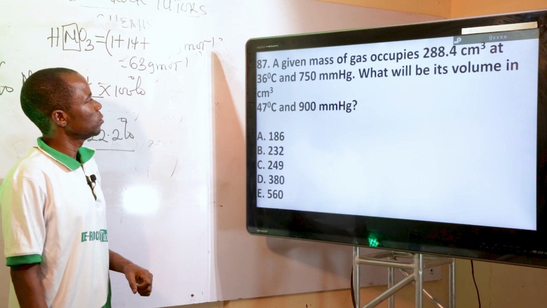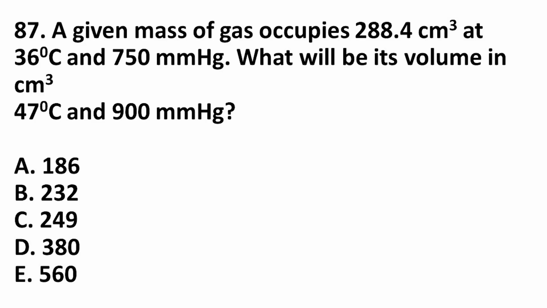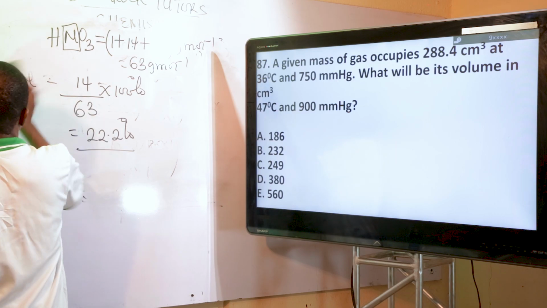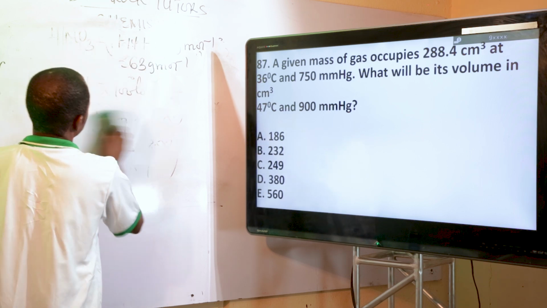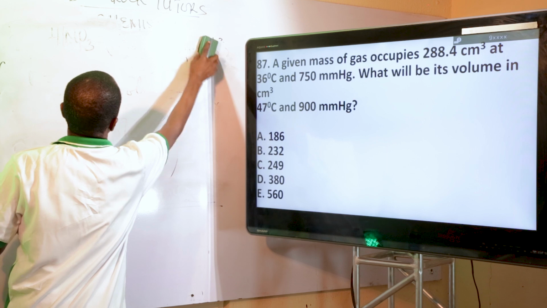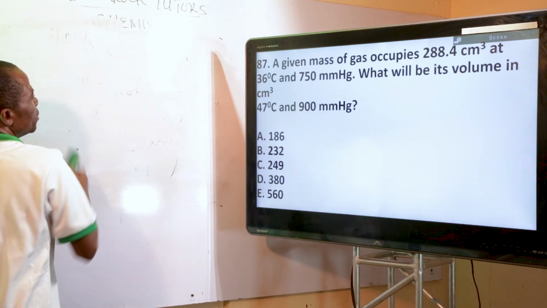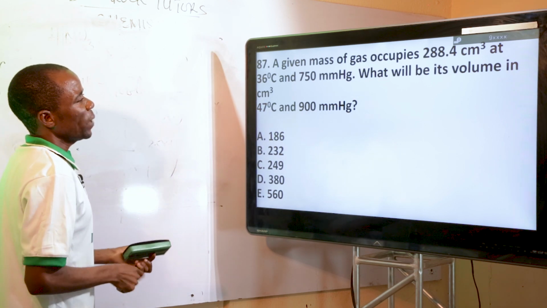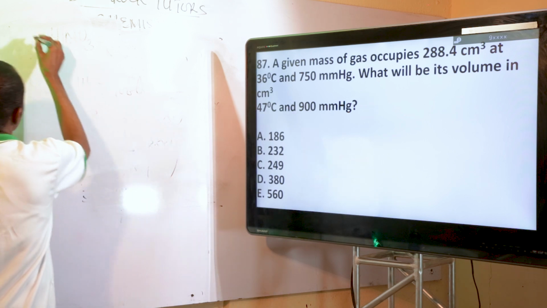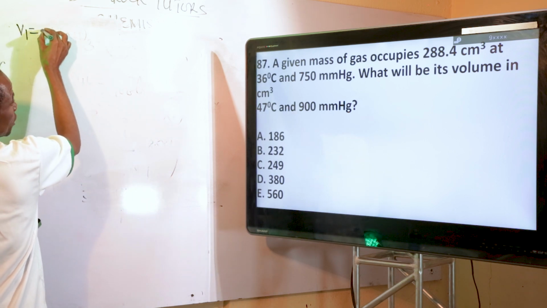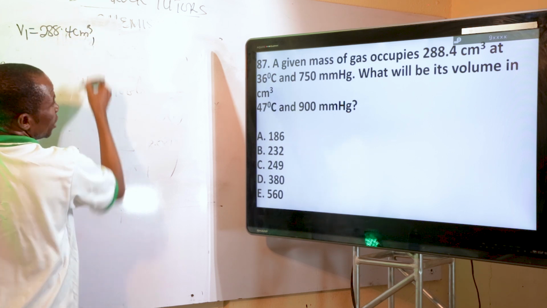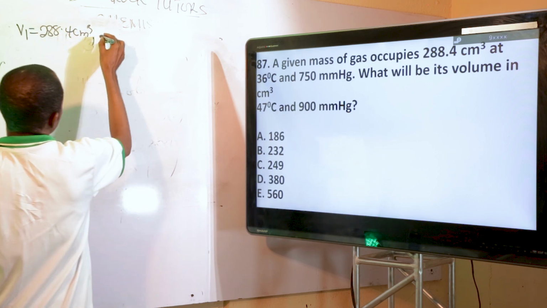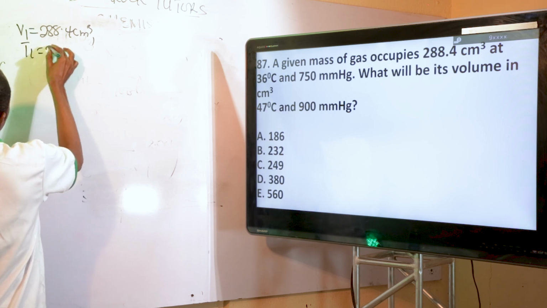Number 87. A given mass of gas occupies a volume of this. This is under gas law. Let's clean this up. So a given mass of gas occupies a volume V1 equal to 288.4 cm³ at 36 degrees Celsius. Which means T1 is equal to 36.